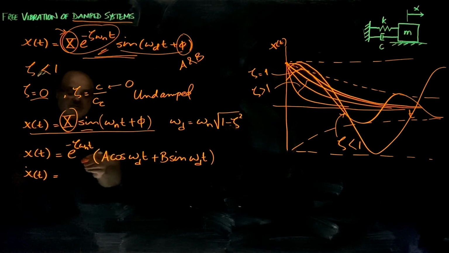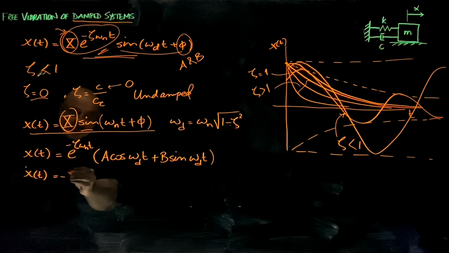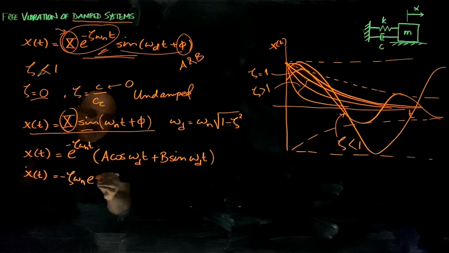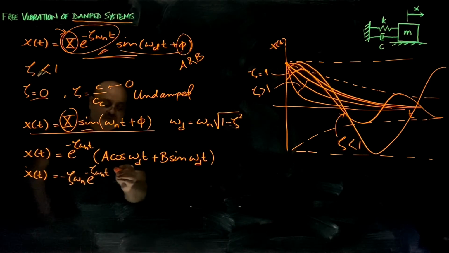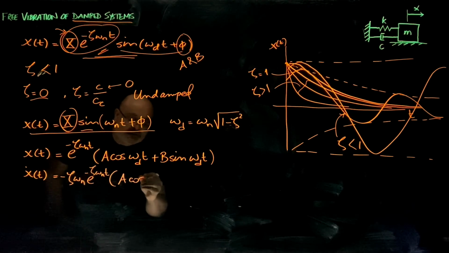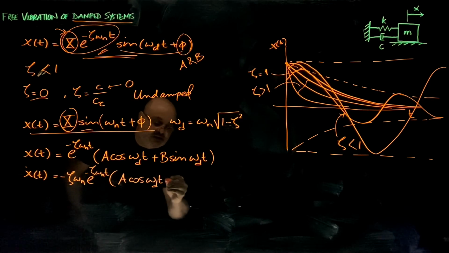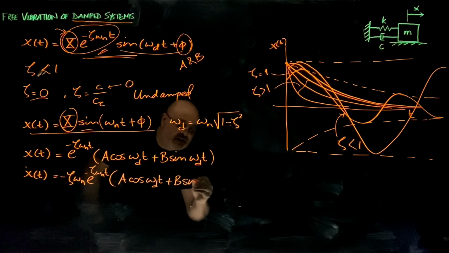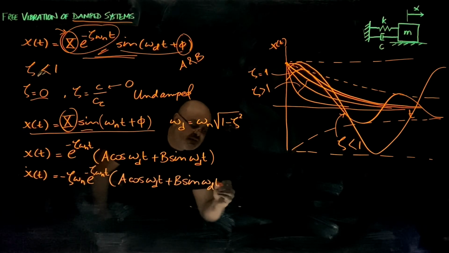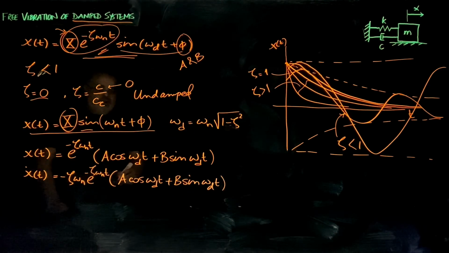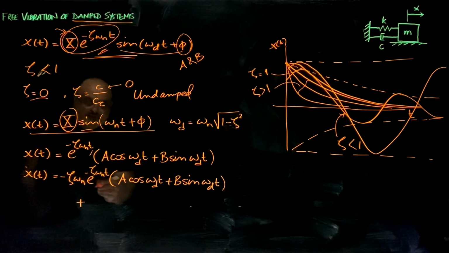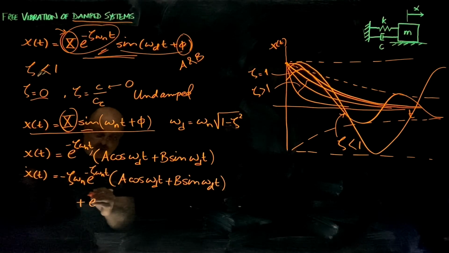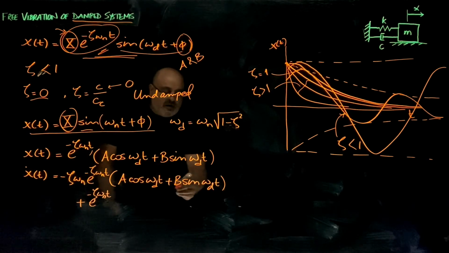The derivative of the first term is negative zeta omega n e to negative zeta omega n t, multiplying the same function, a cosine omega d t plus b sine omega d t, and then plus the first function e to negative zeta omega n t, times the derivative of this term.